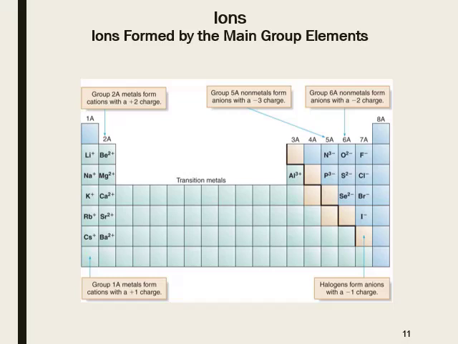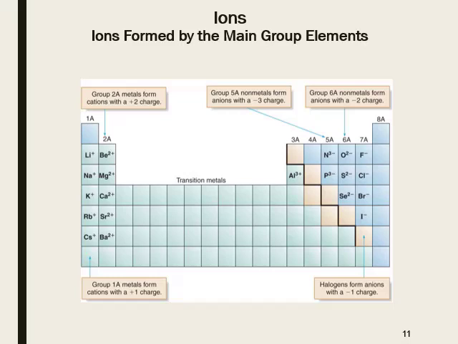Now, many of us might be wondering how do we know how many electrons a metal needs to lose, or how many electrons a non-metal needs to gain? Simple answer is that you can figure that out by writing electronic configuration, but there is another shortcut method. In this shortcut method, all you need to do is look at the periodic table.